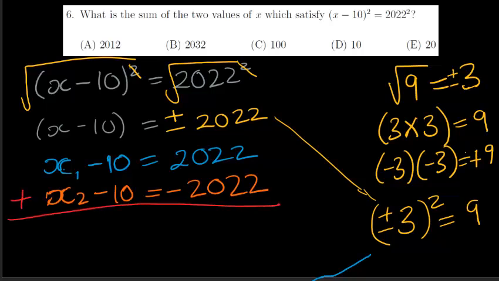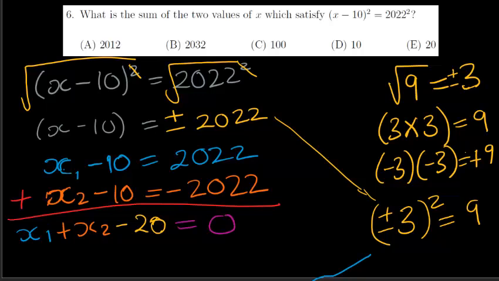So it's going to be x1 plus x2, and now because I had minus 10 minus 10, I'm going to have minus 20, and that is going to be equal to 0. 2022 minus 2022 is 0.